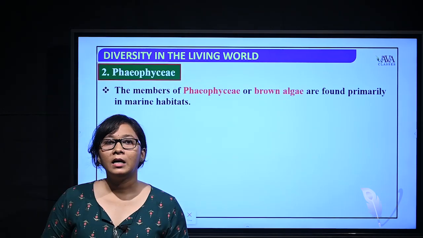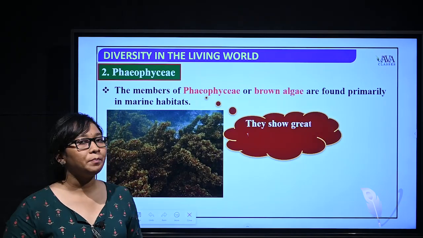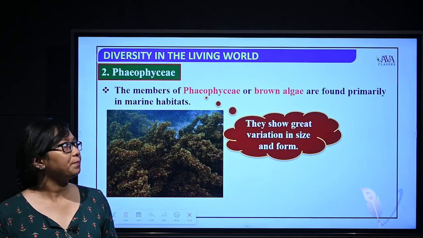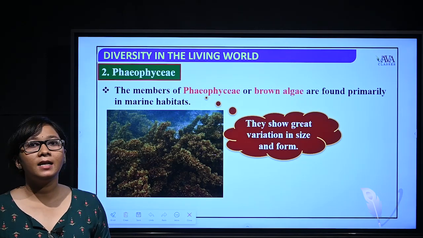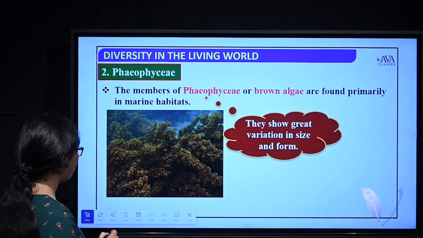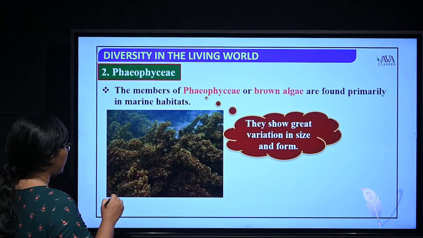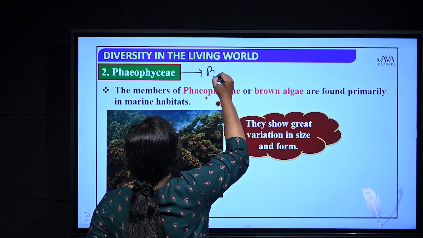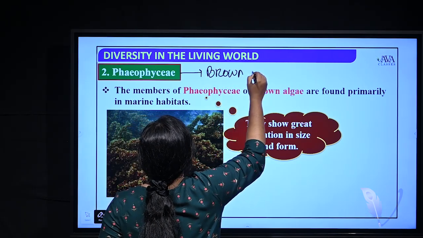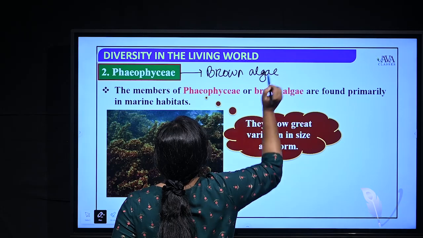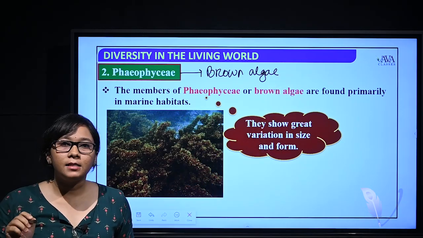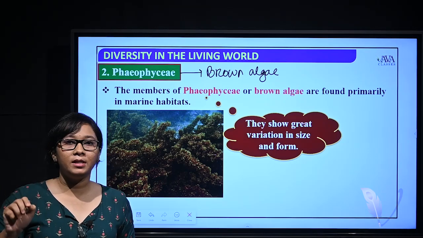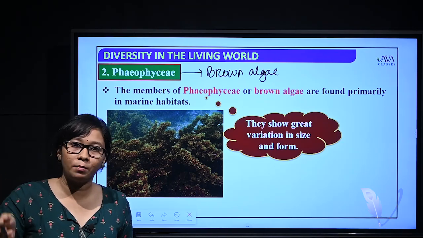Let's look at another class of algae, that is your Phaeophyceae. Phaeophyceae are generally brown algae. It doesn't mean that they do not have chlorophyll. As they are algae, as they are plants, they do have chlorophyll.